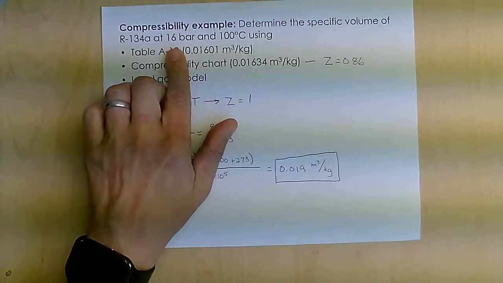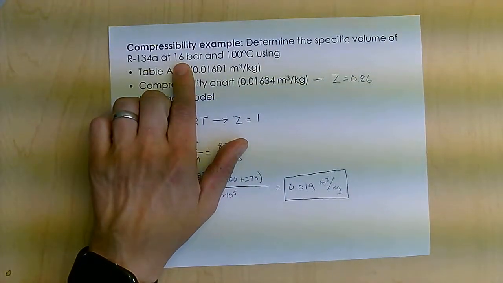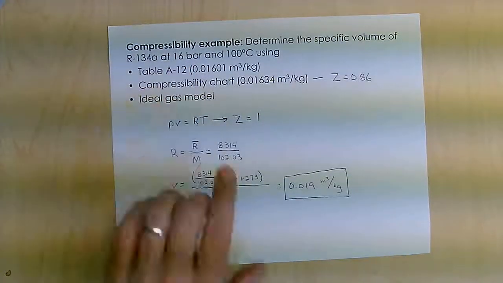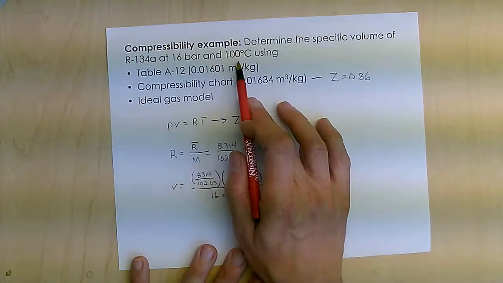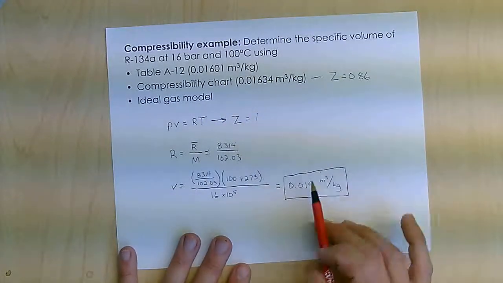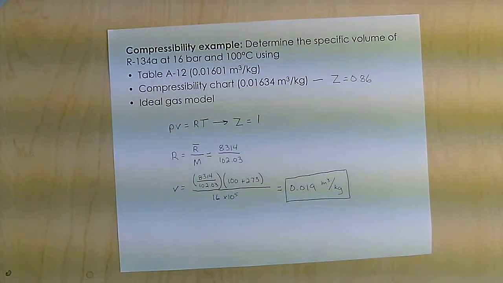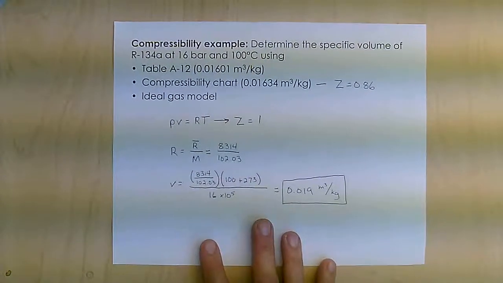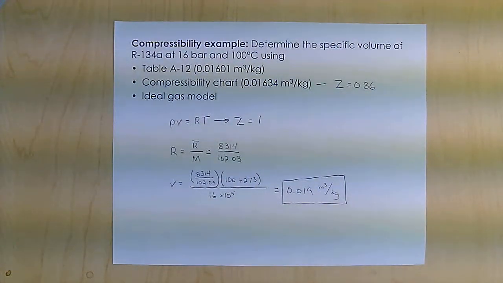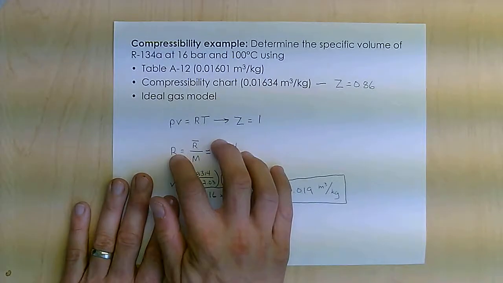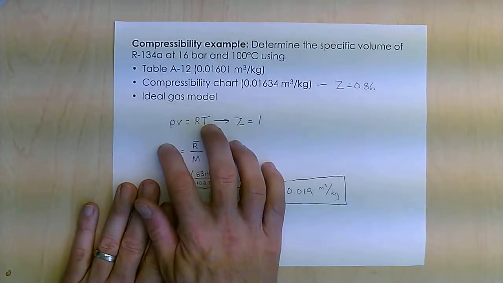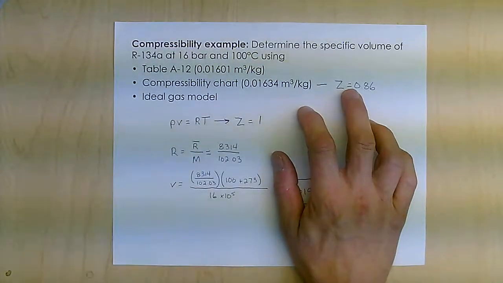So I'm at a pretty high pressure here, and a relatively low temperature. That combination makes it not an ideal gas. Now moving forward, it'll become obvious what's ideal and what isn't. But that at least shows you when the ideal gas model is applicable versus when you should use the compressibility chart.